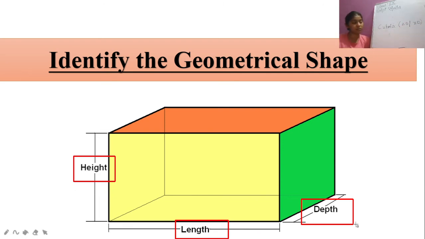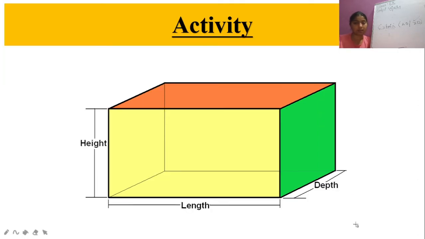Whenever we have a shape having three dimensions, we classify it as a three-dimensional shape. We also call these solid shapes. Okay, students, let's think. We have an activity related to this box, so I'm going to open this box.